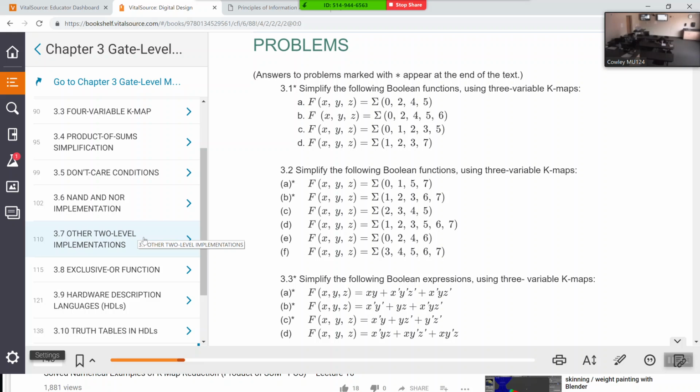In the book, this is on page 140. And where there's a choice, I got down where they have these written. Okay, so we got 0, 2, 4, and 5. We're looking at 3.1, part A.